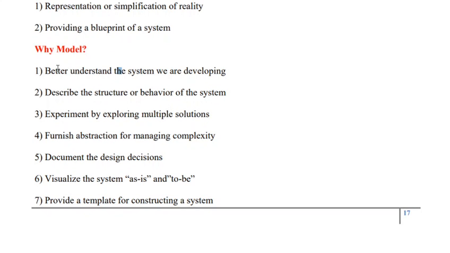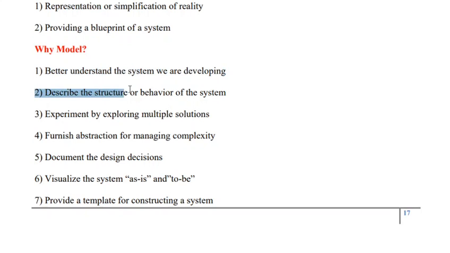It provides better understanding of the system because it reflects only those aspects that are important for understanding a particular system, and it subsides all the unnecessary facts that are not required. So, in very simplified terms, it creates an abstract representation of a system that is very easy to understand.